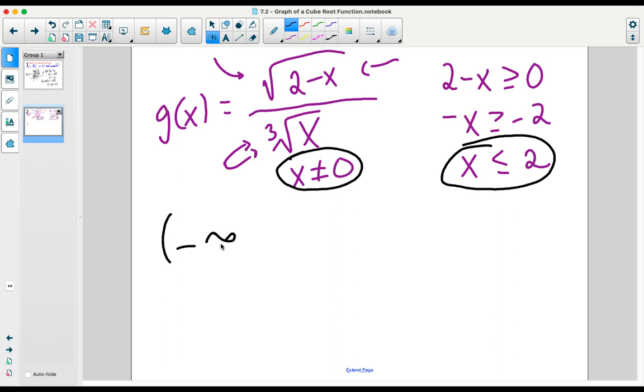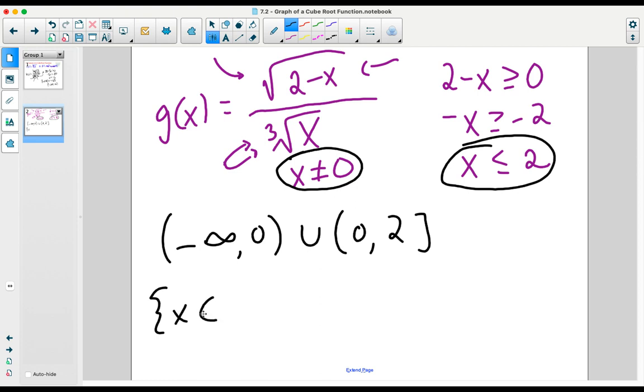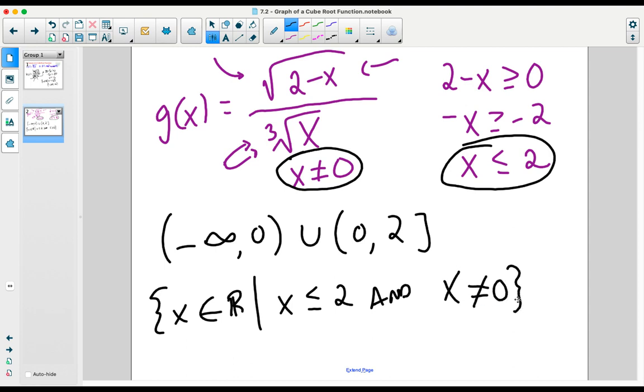Interval notation would take us up to the 0, union that with 0 up to and including the 2. Set notation: x is an element of the real numbers such that x is less than or equal to 2, and x is not equal to 0. We need both of those things to be true simultaneously.